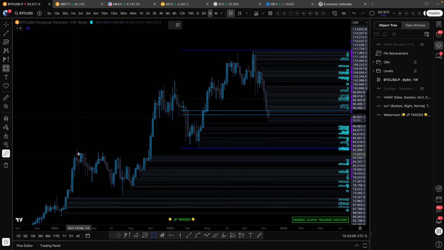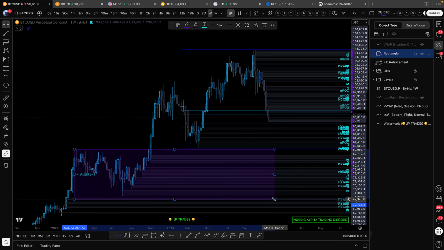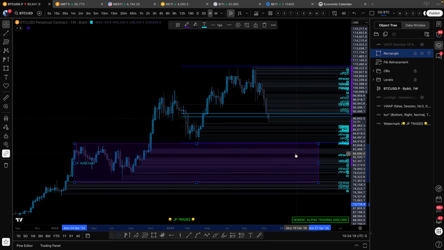We also have this range, which was never mitigated. We came down very close to it and front ran the demand range. So to be honest with you, if I was looking for a swing long setup, this is your golden area for that.